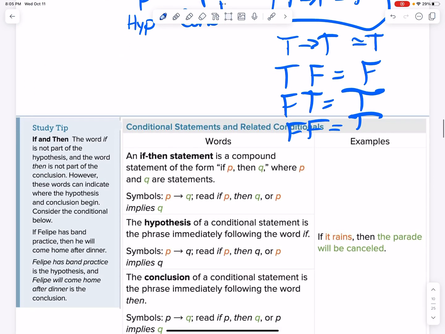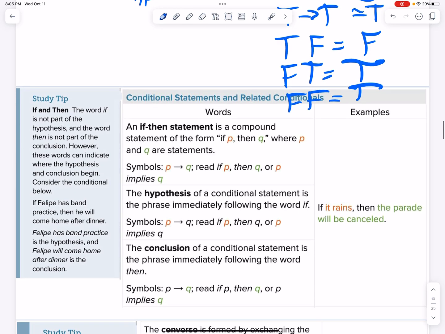Okay, so now here's what this looks like in terms of sentences. We're going to write them in if-then form. We're going to say, if my hypothesis, then my conclusion. I'm going to kind of summarize this, but I like the example the book gives here too. The hypothesis in this example is if it rains, so the hypothesis is it's going to rain.